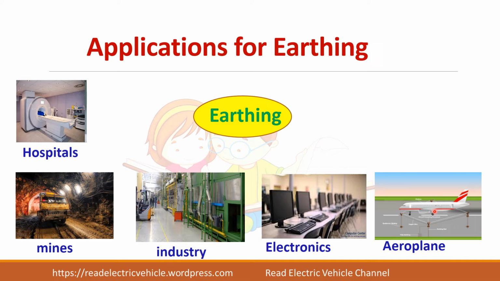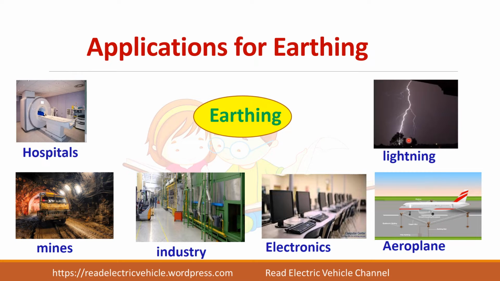In an aeroplane, when it is on the ground level, it should have some earthing, and when it is flying, that is above the ground level, it is also necessary to protect the passengers. And under lightning conditions, we need to protect ourselves as well as equipment. So different types of applications require different types of earthing.